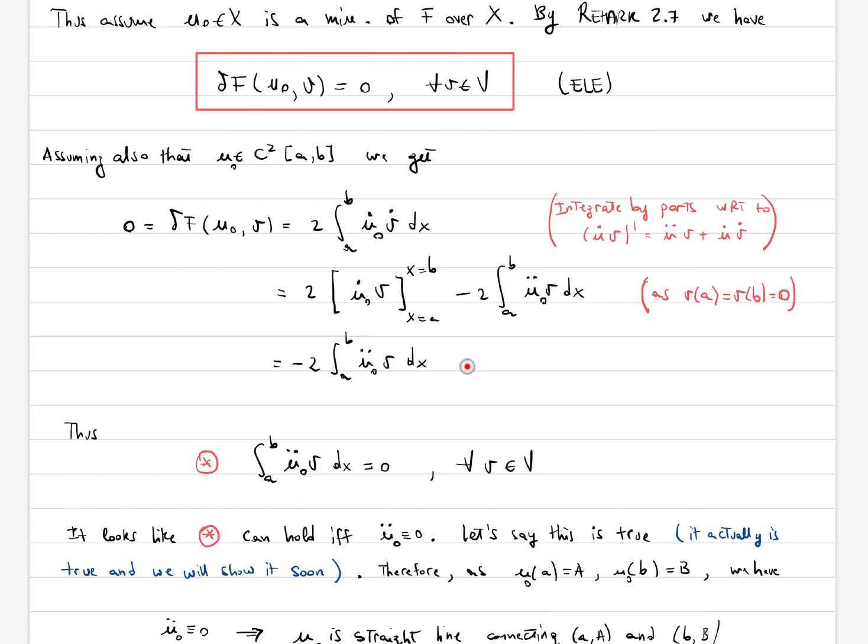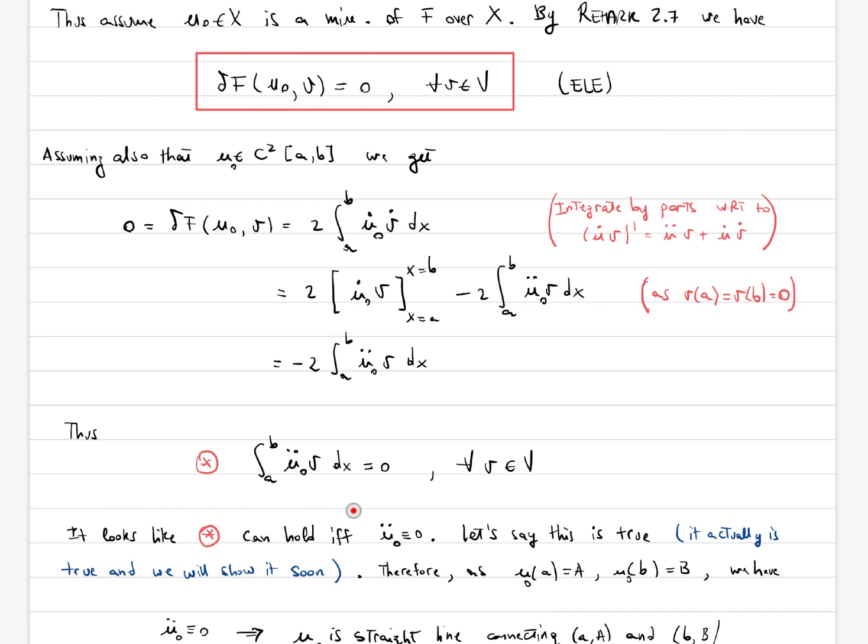So it seems credible that the only possibility is that actually u0 double dot is constantly 0 for this to be true for all the functions v.